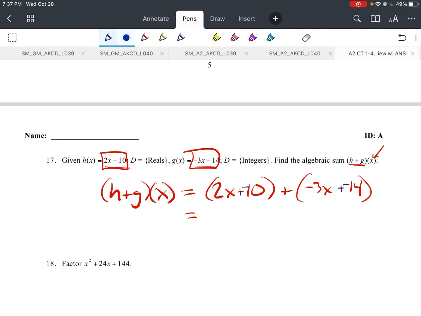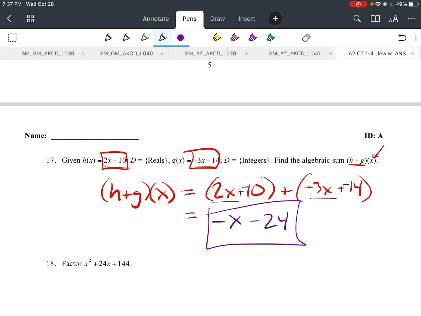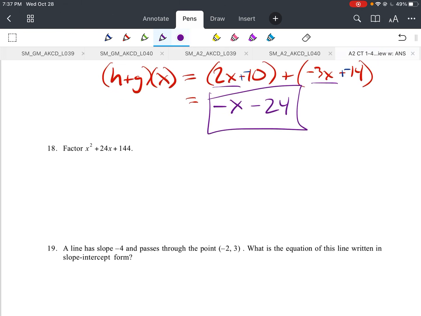And anywhere you see a subtraction sign, you can turn it into a negative. This is the point of that. Subtract means add the opposite. All right, anyway, 2x and negative 3x is negative x, and negative 10 and negative 14 is negative 24. So this is your function, your combined function there.